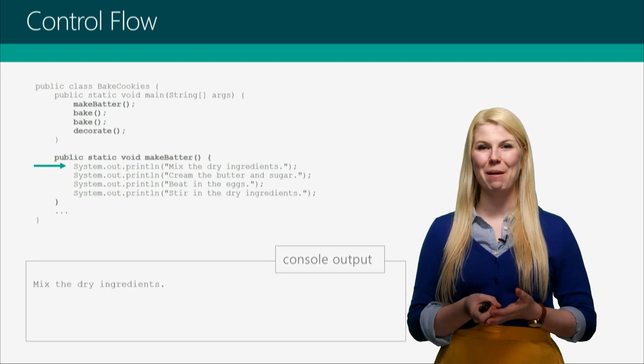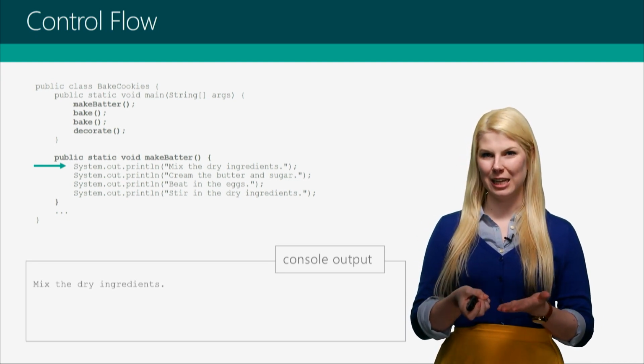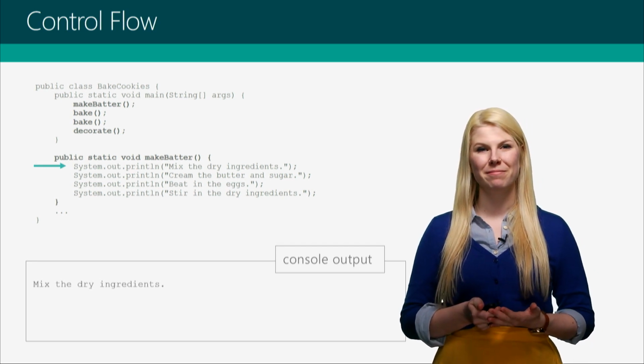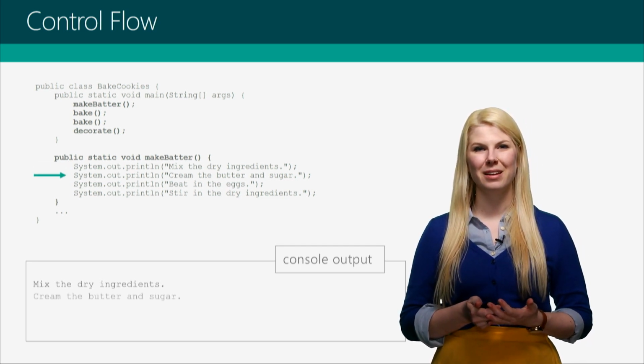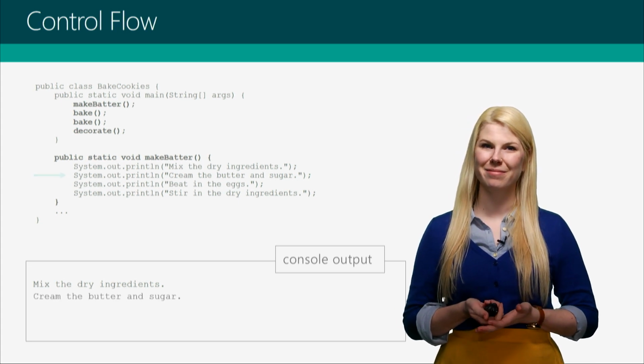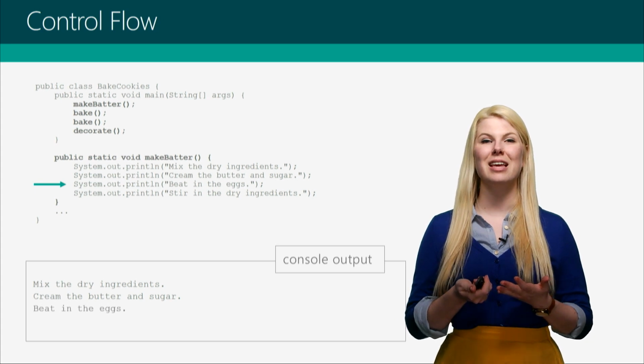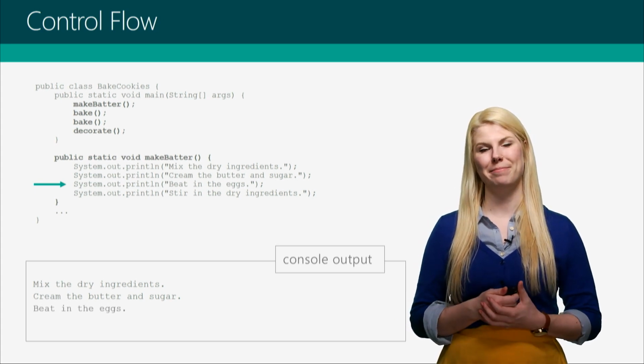It's going to jump down to where that method is declared, and then it's going to run the first line of that method. Then it's going to run the second line, and it's going to run all the way through until it gets to the end of that method.